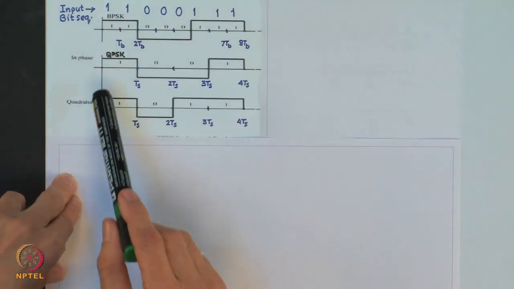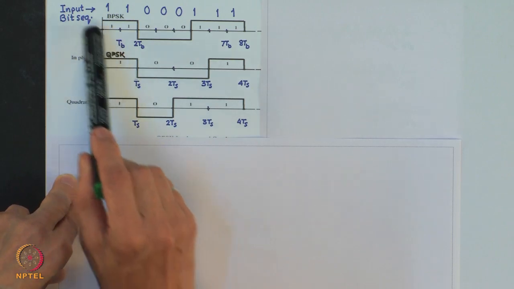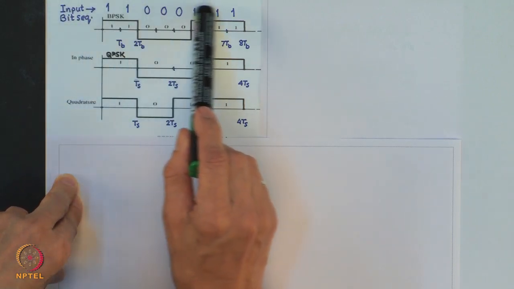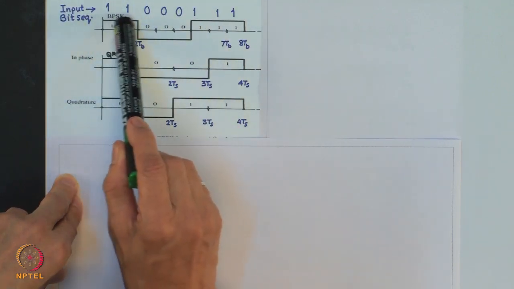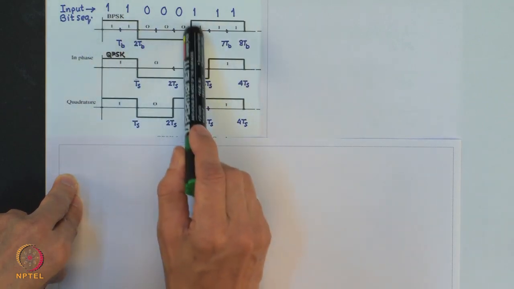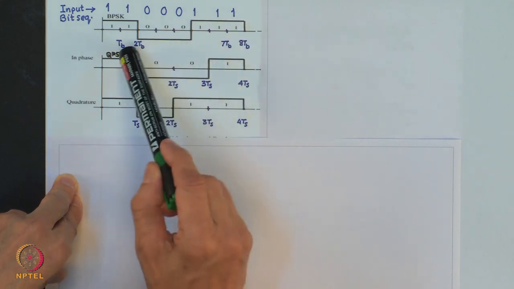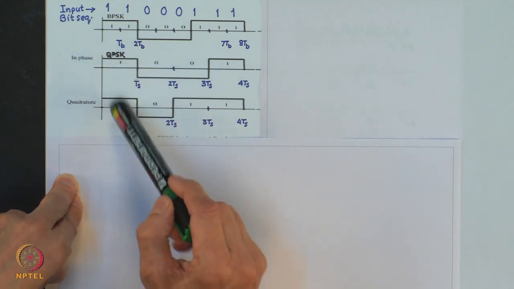So, this figure out here depicts what I said just now, that I have the input information bit and we get the polar waveform for this. This polar waveform, after inputting to the demultiplexer, gets split into two waveforms.